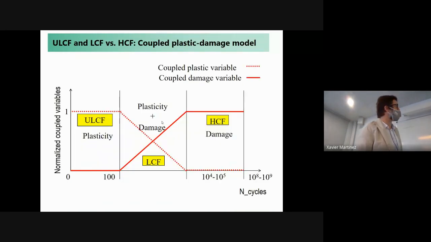I'm showing this in this graph here, where you've got this ultra-low cycle fatigue that is driven mainly by plasticity phenomena. You have this high cycle fatigue that is driven mainly by damage phenomena. And you've got this gray area in which these two phenomena occur, and you will have to mix both formulations if you want to simulate it properly.